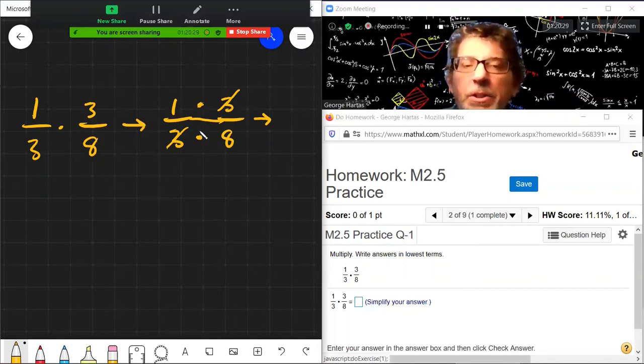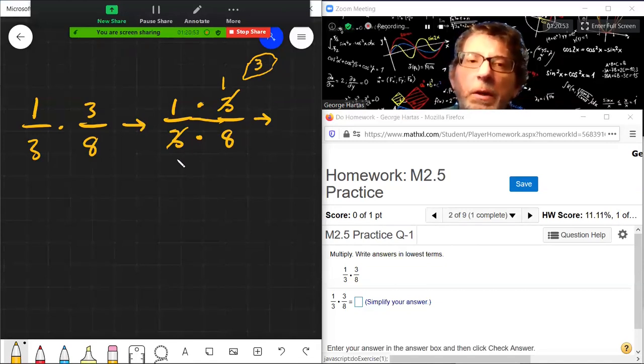What really happens here, and I touched on this a little bit in the last video, is that we're thinking of a number that divides into 3 and 3. What is that number that divides into 3? 3, of course, itself. 3 divides into 3 one time, so put a 1 here. 3 divides into 3 one time.